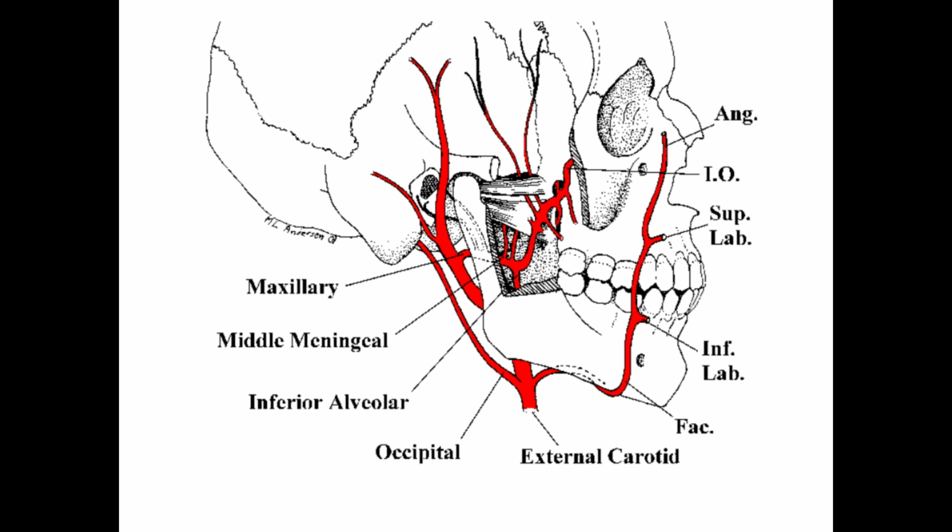There's a deeper part and a superficial part, so it comes all the way from here and goes inside there. This is the first part, then we have the second part and the third part inside. So this is the maxillary artery and its parts.